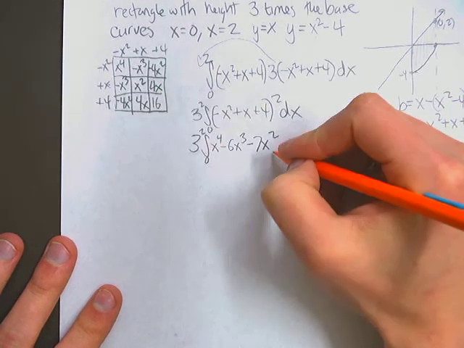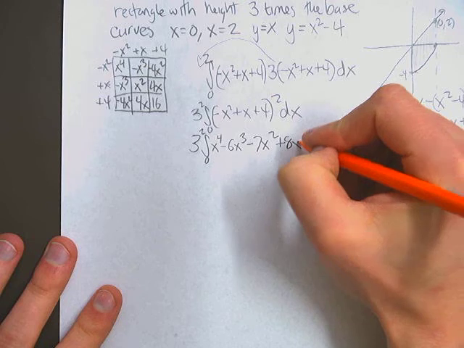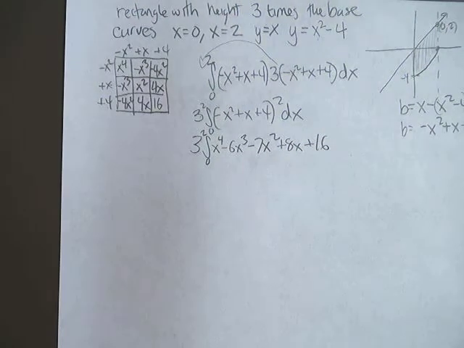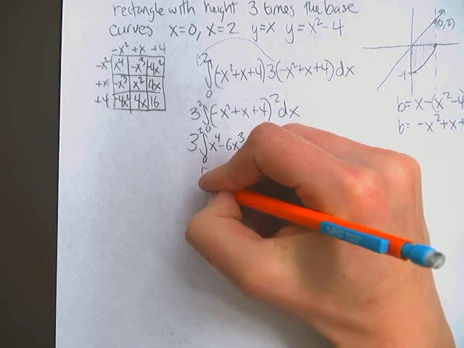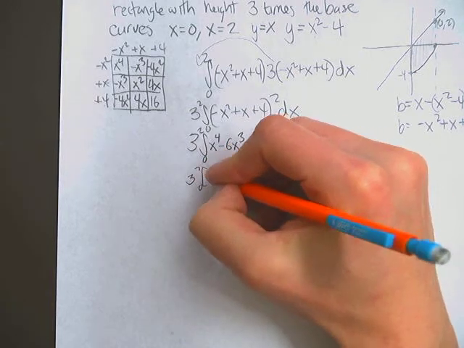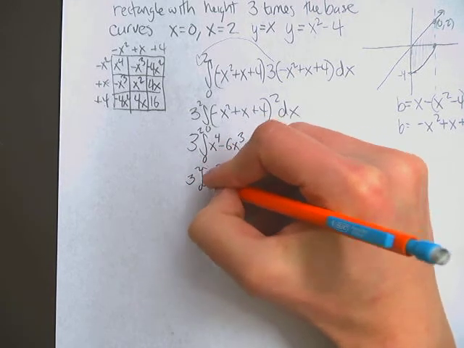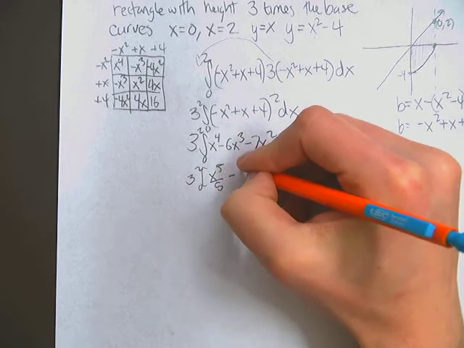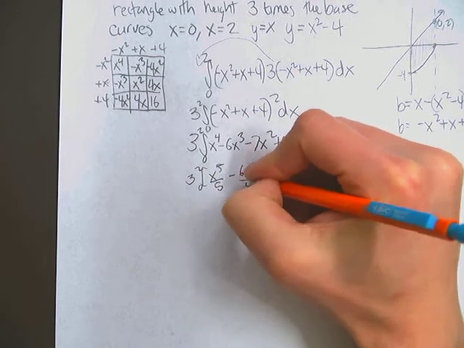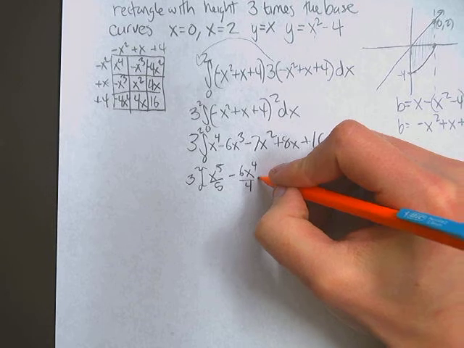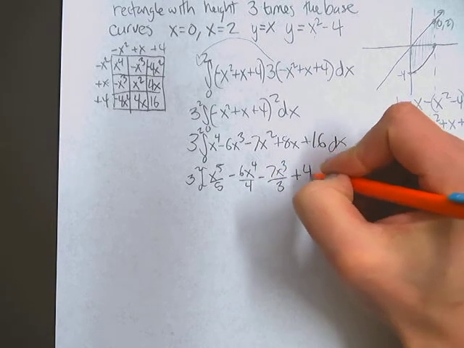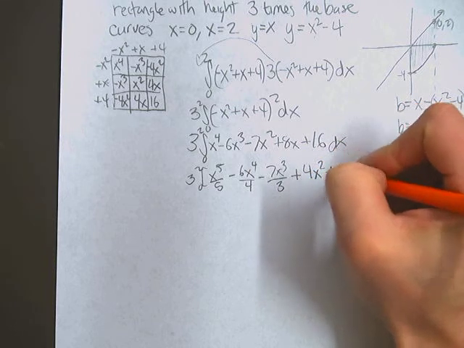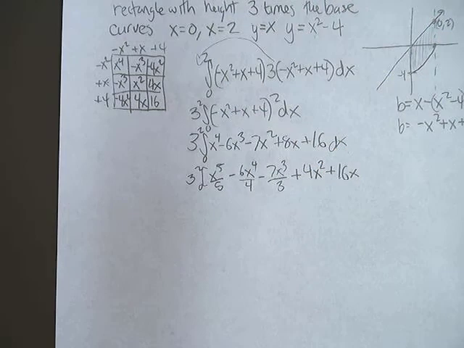I have a positive 8x plus 16. Cool. Now I can integrate this, no problem at all. I get from 0 to 2 times 3 of x to the 5th over 5 minus 6x to the 4th over 4 minus 7x cubed over 3 plus 4x squared plus 16x.